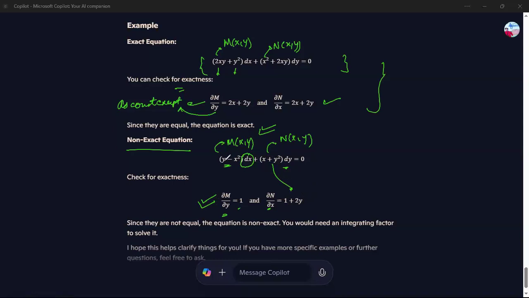But there is a mistake here. Differentiating N, 1 plus, there it should be 0, but there is a mistake here. So let's tell the copilot there is a mistake.